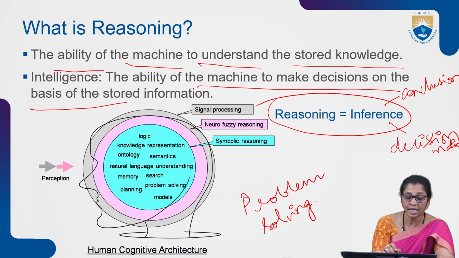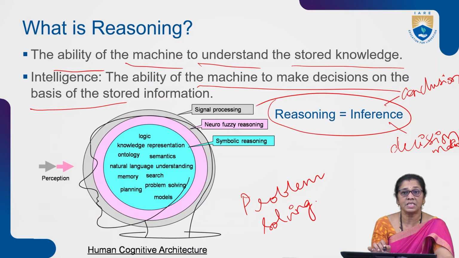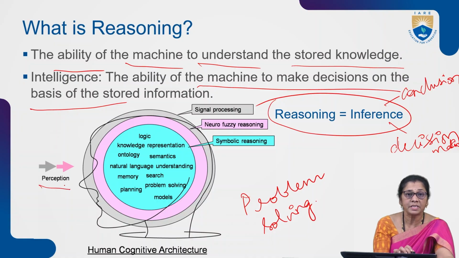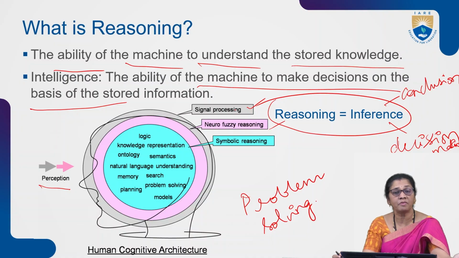It contains 3 layers. Signal processing is the outermost layer. Neurofuzzy reasoning is the second layer. And the third one is symbolic reasoning. It starts from the perception. Perception may start with images. And it starts from the signal processing and neurofuzzy reasoning. Signal processing comes from what we hear and what we see.